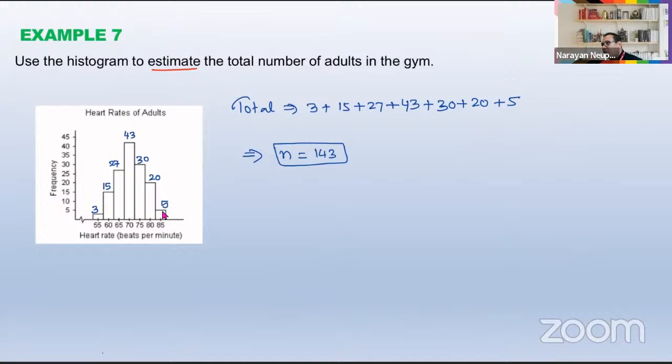If the frequency is more, the bars will be taller. The powerful thing you can see from the histogram is the shape of the distribution, whether the data is left skewed, right skewed, normal, or maybe uniform. We can tell all this information just by looking at the histogram.